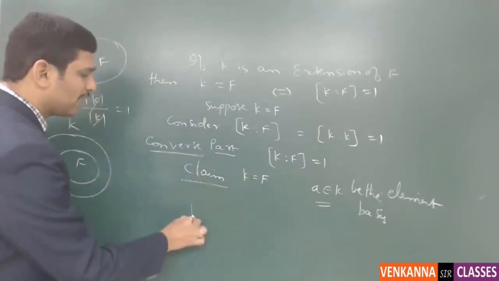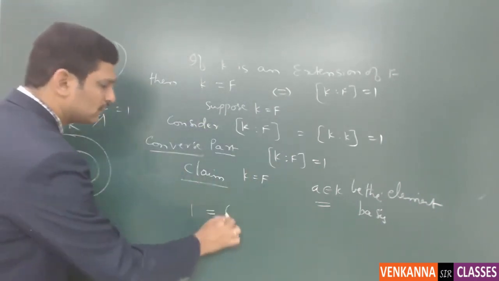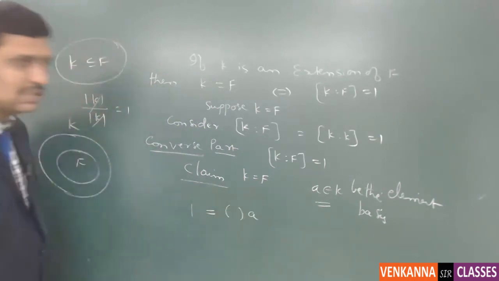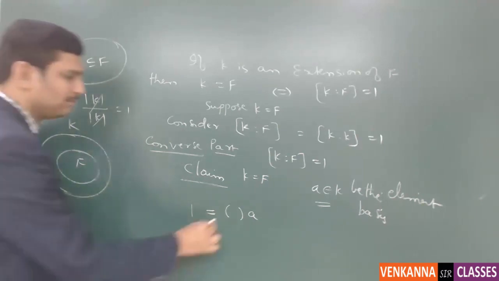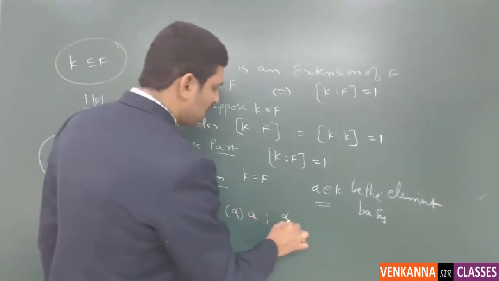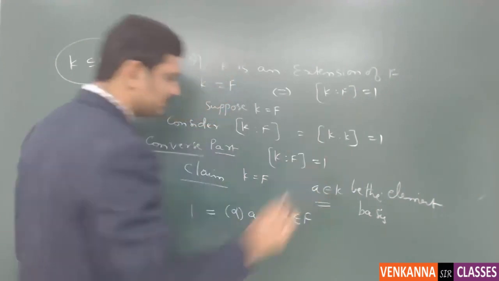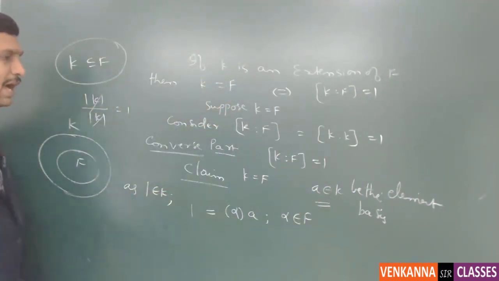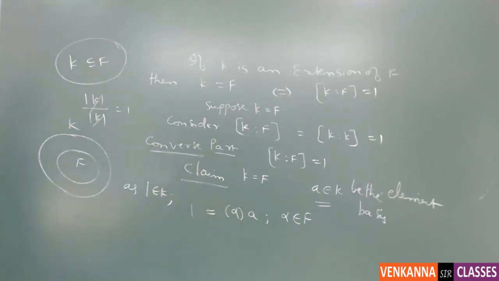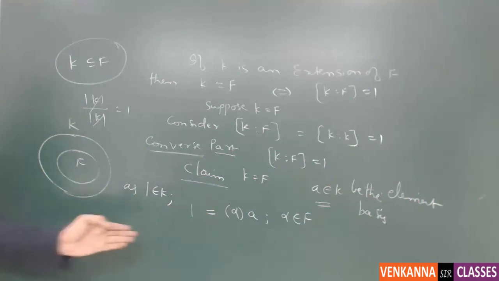I can write 1 is equal to some value times A, just like a linear combination. Let us give a name for it: alpha, where alpha belongs to F. So 1 is equal to alpha times A.